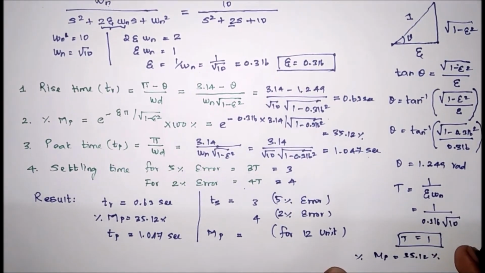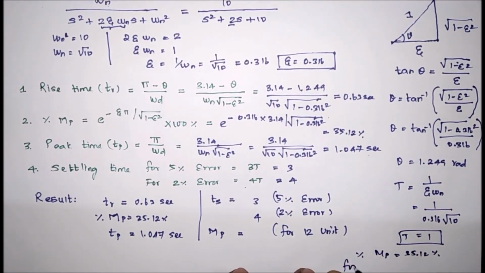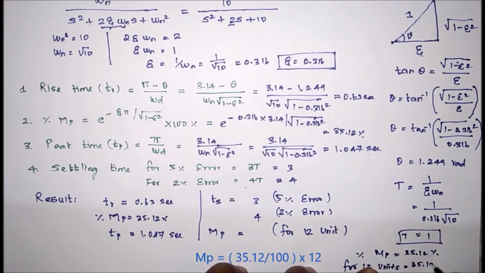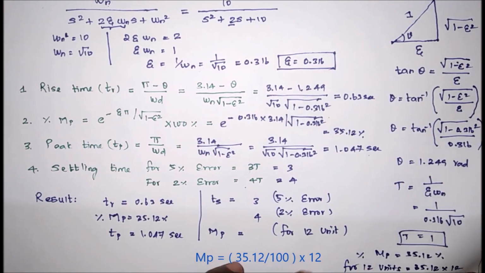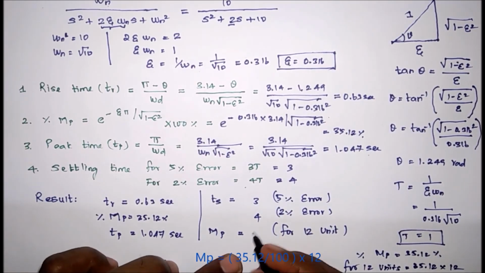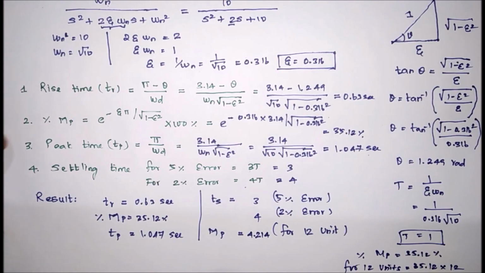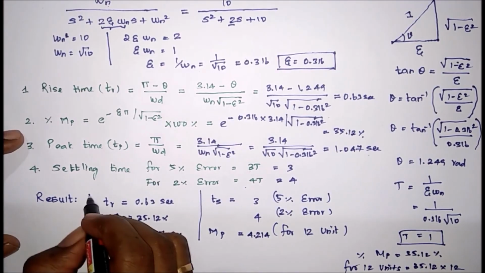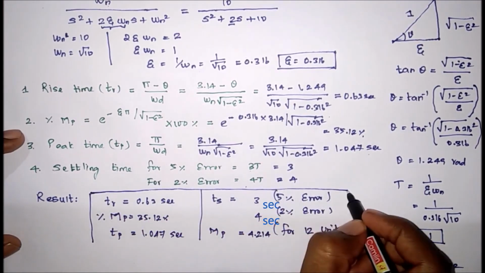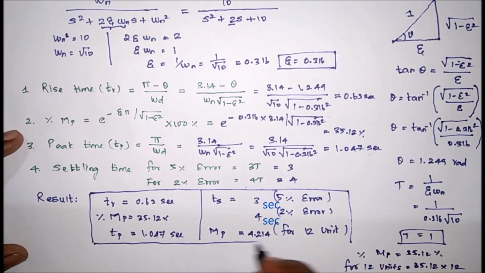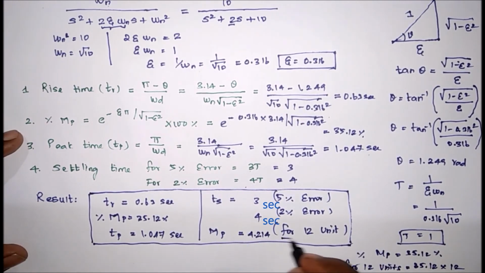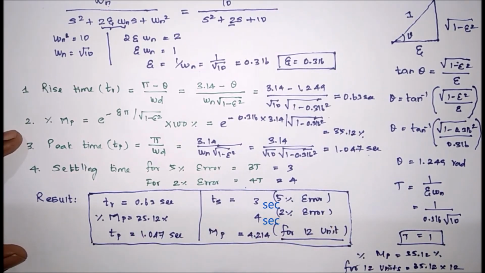For 12 units we simply multiply 35.12 into 12, so we get the peak overshoot for 12 units, whose value is 4.214. So that's all about the required things of the given problem. These five are the solutions. From the given problem, this 12 only affects the peak overshoot. It will not affect the remaining values.